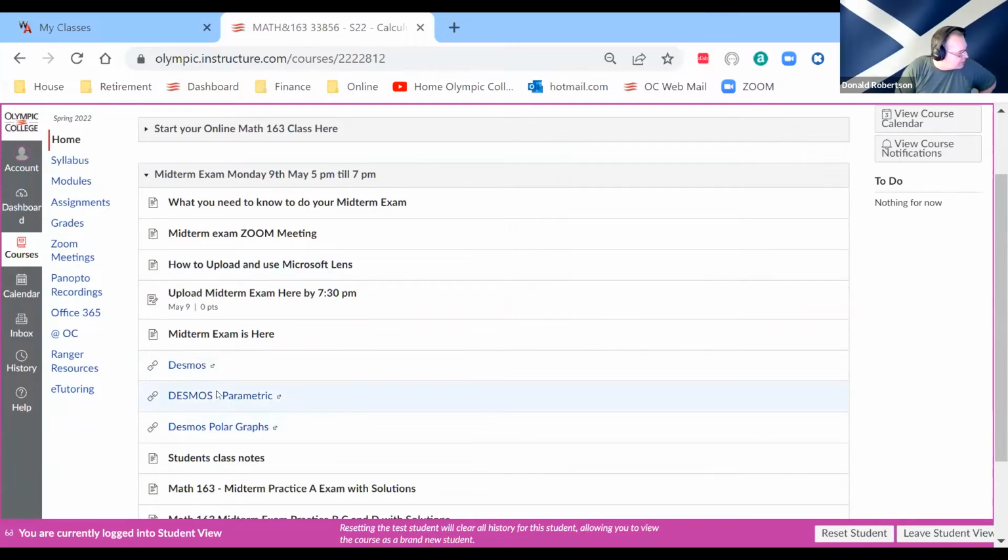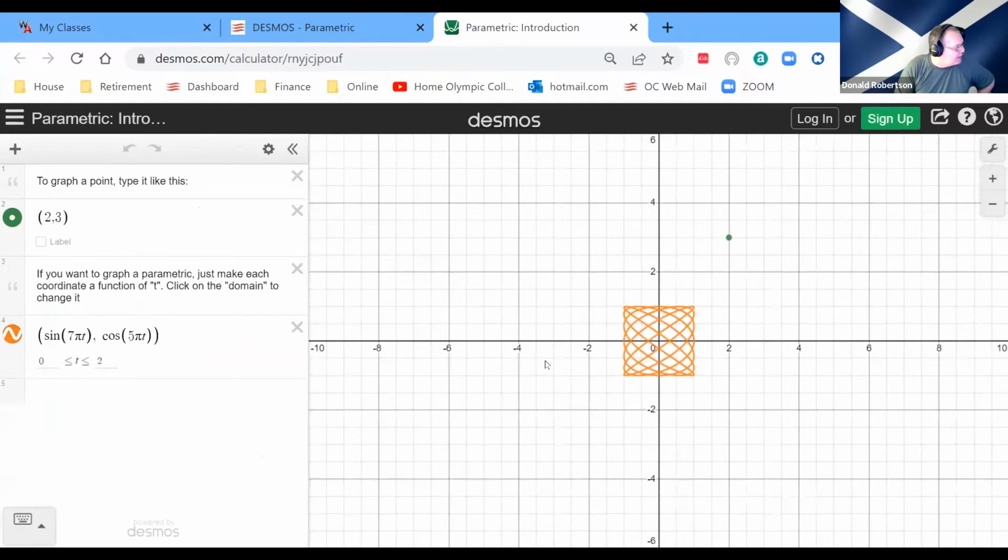Give me a few minutes. Okay, where are you hiding? Okay, we're good. There. Let's click on Desmos Parametric. Yay. Okay, and this one is just set up, but essentially it tells you how you would do a function, and I'll do it down here.